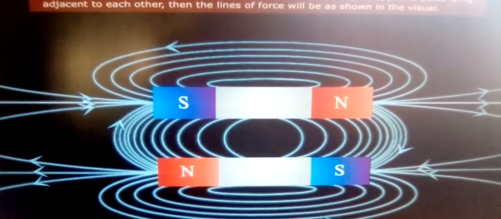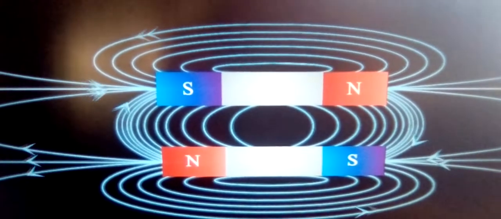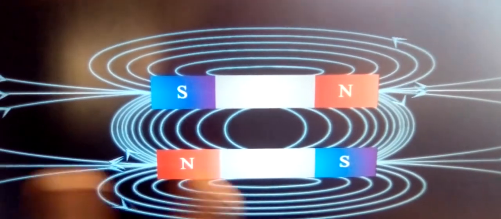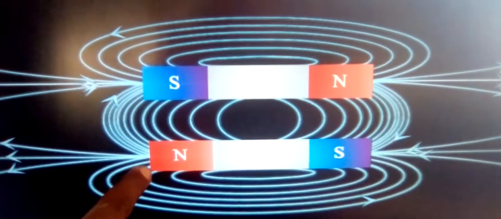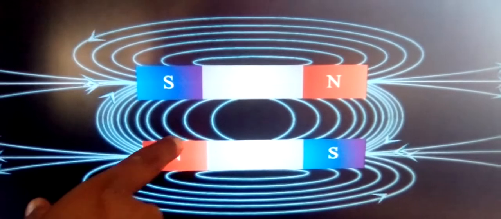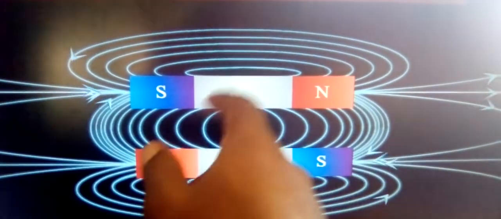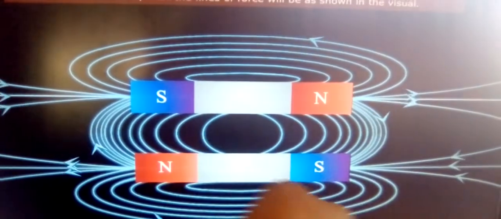When you have two magnets on top of each other, this is how the fields will behave. Lines of force will run from north to south, north to south. Others will run away, others will go downwards and be attracted here.